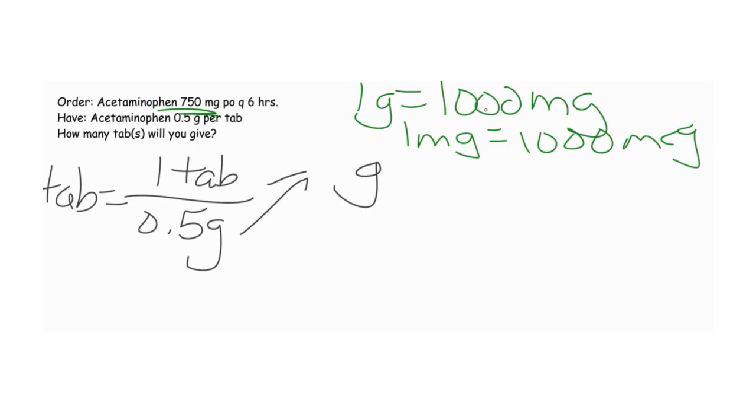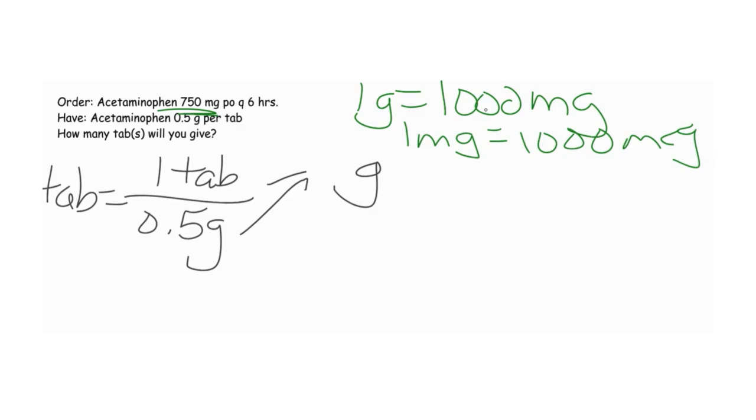Another one is milliliters to teaspoons. Remember, I was telling y'all about that. Commit it to memory. So we have to have grams in our numerator, so we need to get to milligrams. If we get to milligrams, we have to set it up as such.